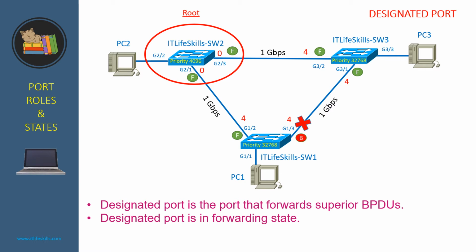In this network diagram, all ports on IT Applied Skill Switch 2 are designated ports because it is a root switch. Port 31 on Switch 3 is also a designated port because it forwards superior BPDUs.